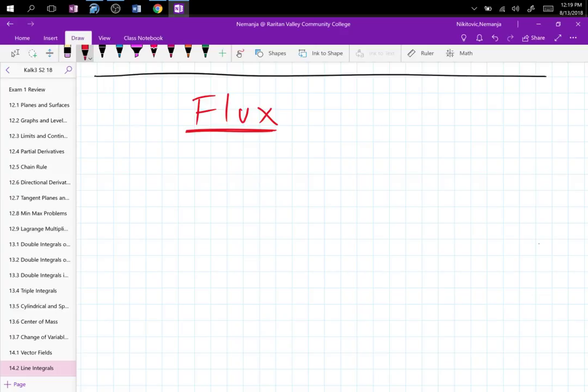What is flux? Well, think of that fan. If you stand on the side of the fan, you don't feel the wind that the fan is pushing. What is wind? Wind is all of that vector field, all the forces that are pushing air molecules forward, so it can move dust from one point to another.